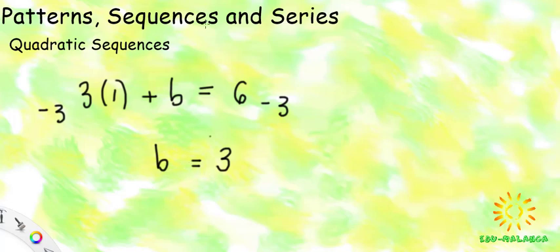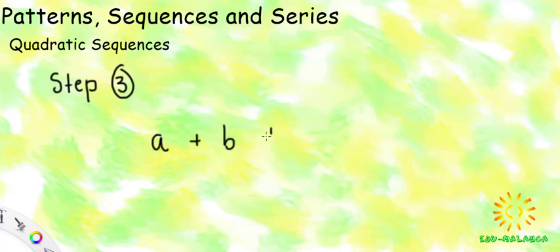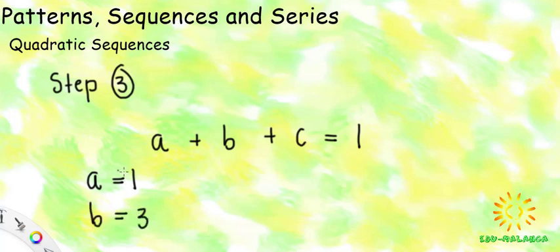We've solved for b. And then we come to step 3. Step 3, we solve for c using the equation a plus b plus c is equal to term 1. A we solved for and we found to be 1. B was equal to 3. Let's substitute these into the equation then. We have 1 plus 3 plus c should equal to negative 2. 1 plus 3 is 4.